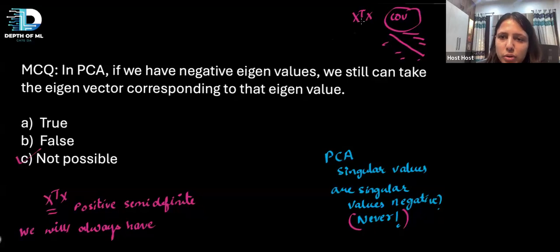The best argument I can make here is that I can do PCA with singular values also, and I have told you that singular values are the square root of eigenvalues. Singular values are never negative, hence we will always have positive or zero eigenvalues.